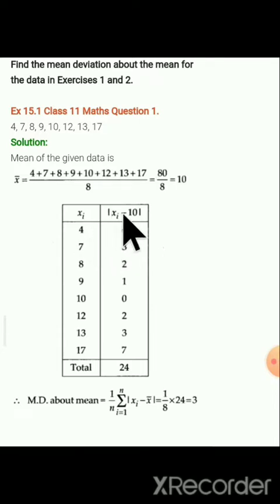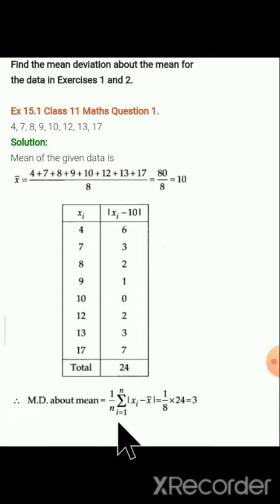So we took here modulus, so we will get all signs equal to positive. So 6. Next 7 minus 10, that is 3. 8 minus 10, that is 2. 9 minus 10, 1. 10 minus 10, 0. 12 minus 10, 2. 13 minus 10, 3. 17 minus 10, 7. So here sum of these values equal to 24.